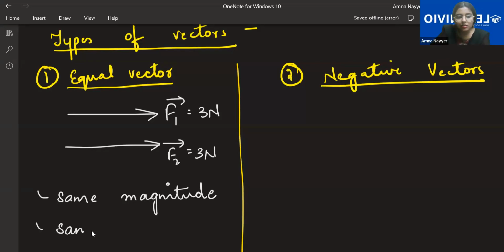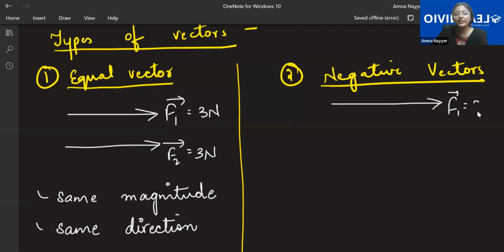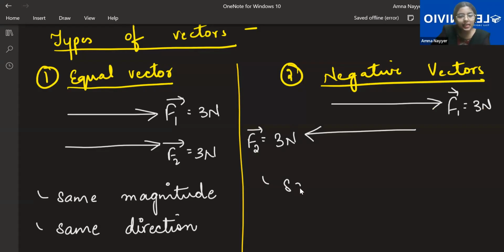And their direction is also the same, towards the right. Same direction. We have negative vectors. If one vector is situated in one direction, let's say 3 Newton, and the other 3 Newton is situated exactly in the opposite direction. So see, the magnitude is still the same.